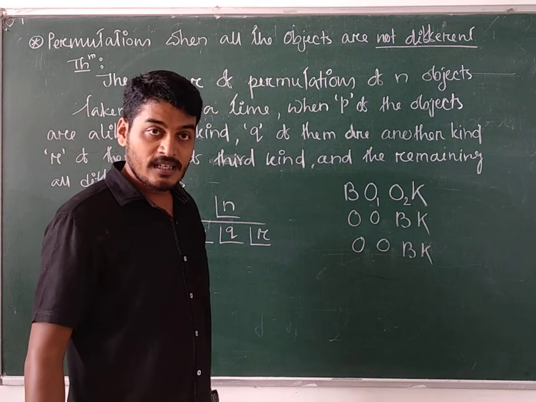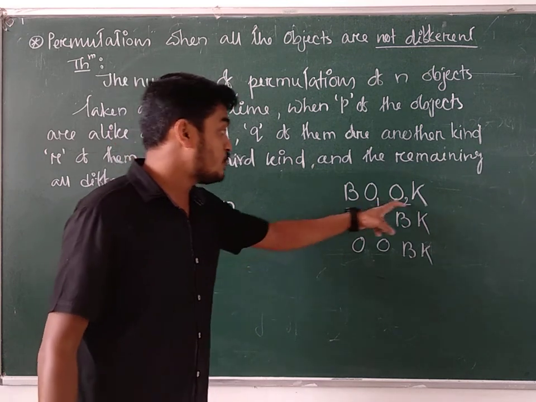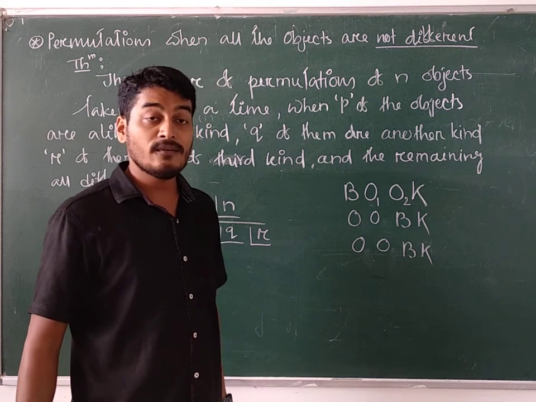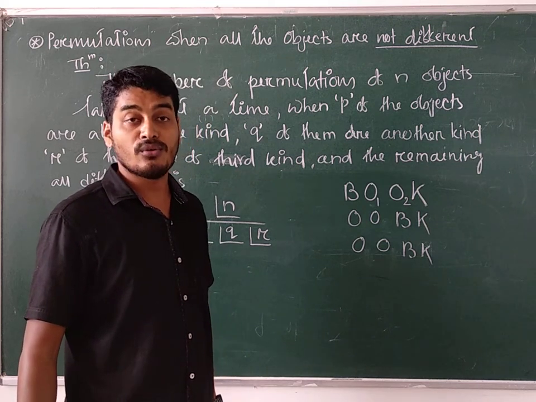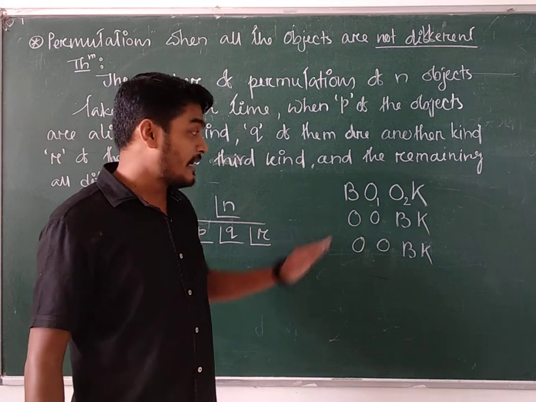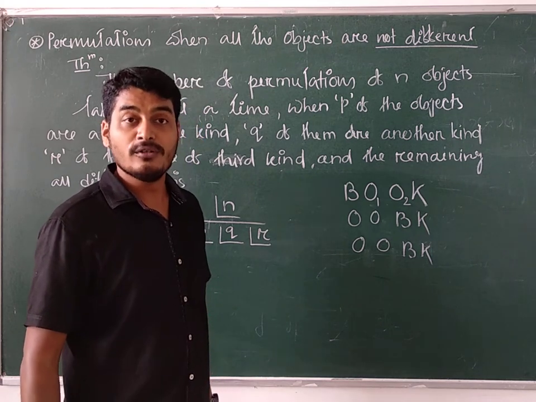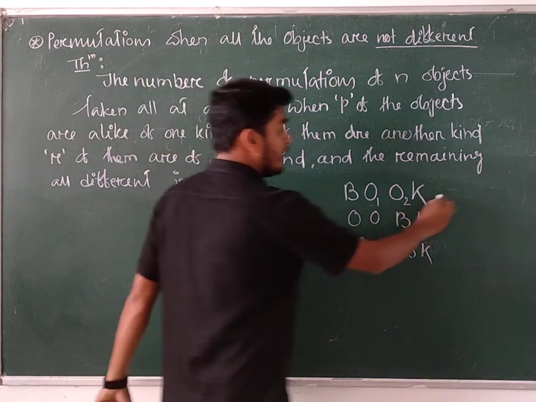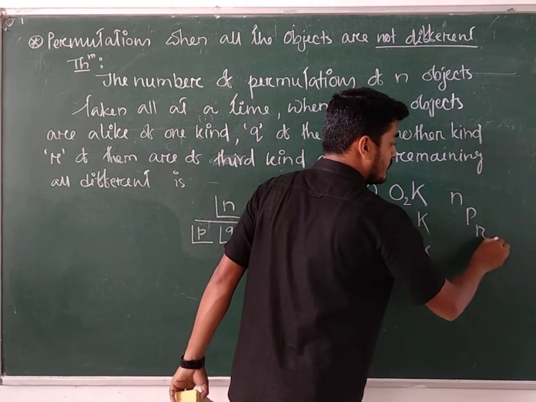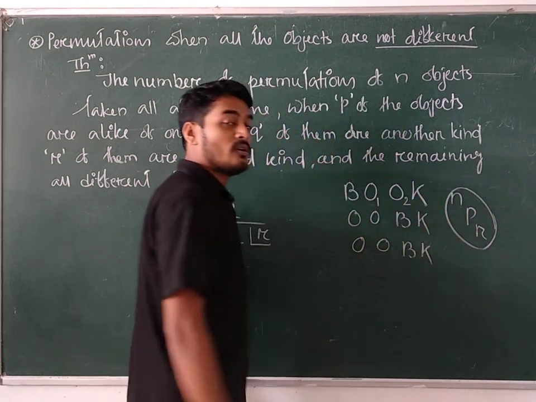That means if we consider these 2 objects as distinct, then we will not get the total number of words correctly. আমি correct এটা answer কেতিয়াও নাপাম. Then what will be the situation? You cannot apply the nPr formula here, because all the objects are not distinct.